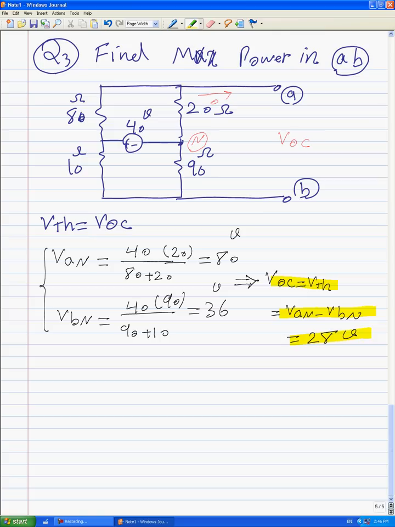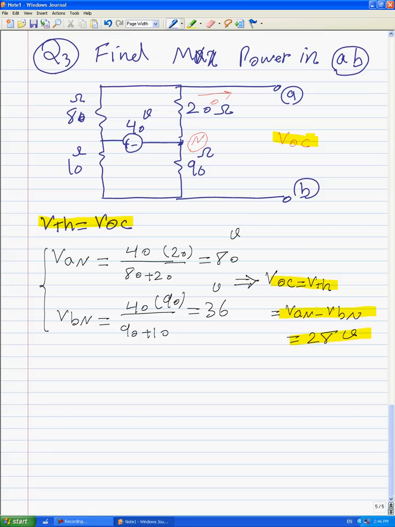Okay, to summarize, in order to find the max power for any circuit, we should find the Thevenin voltage and Thevenin resistance for the circuit. And after that, using only a simple equation, we can find the max power in any circuit. For this circuit, in order to find the open circuit voltage here, we used only the voltage divider rule.